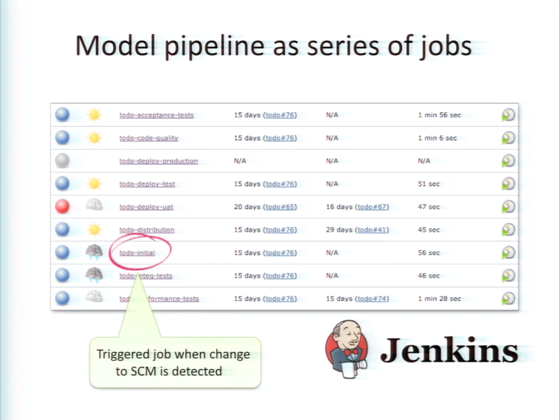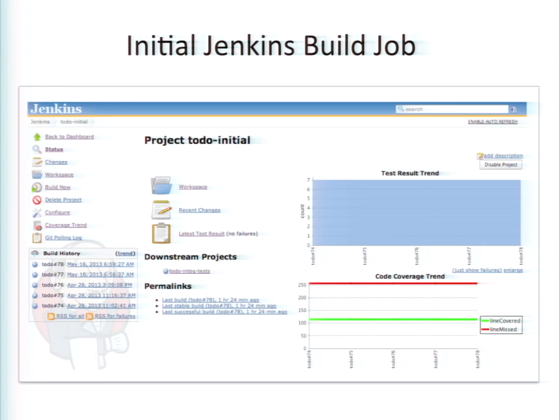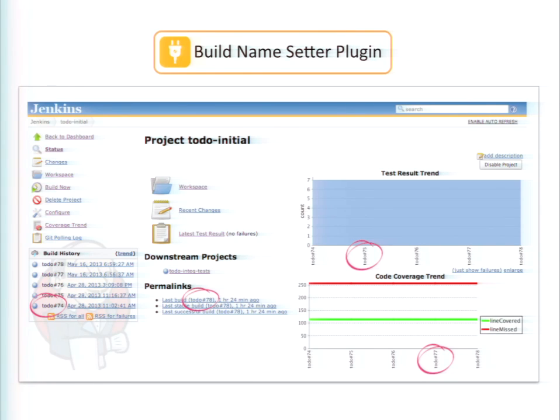Okay, and so how does it start? This very initial job listens to version control. That's how it gets kicked off. Only the initial one, every time you check in, Jenkins will kick off this initial build step. So this is the project setup for this initial job. And we make use of a few Jenkins plugins here.